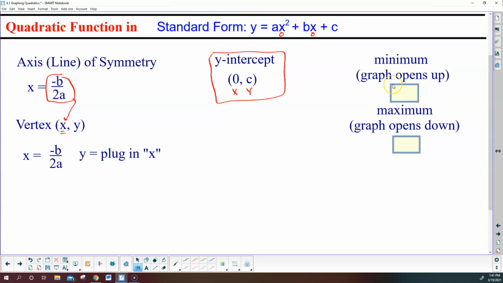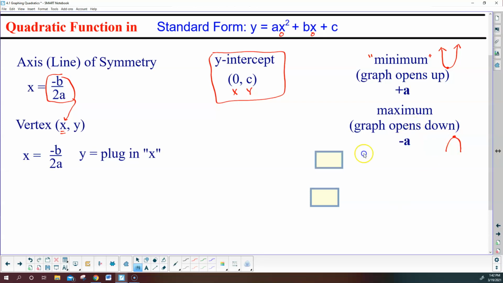And then what tells us if the graph opens up or down? If the graph opens upward, notice it has a low spot, so that's my minimum. And that's if a is positive. Right? Well, what if it's a maximum? Then the graph opens downward, and if the graph opens downward, then you know for sure that your a value had to be negative.